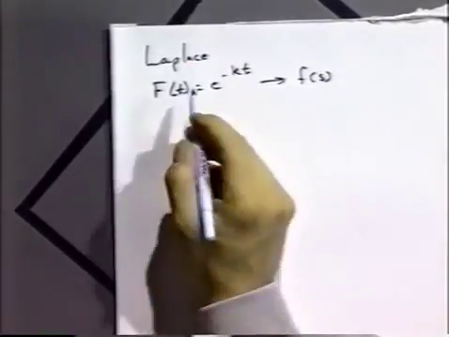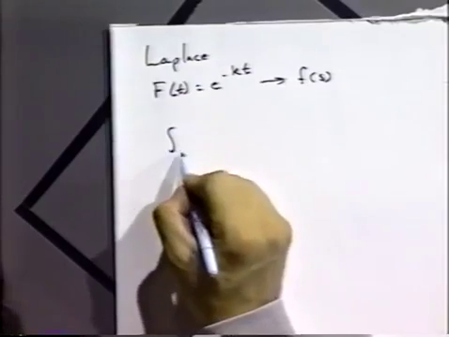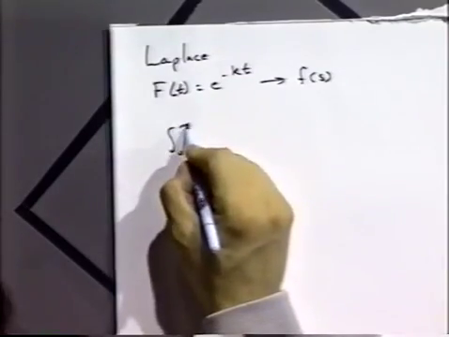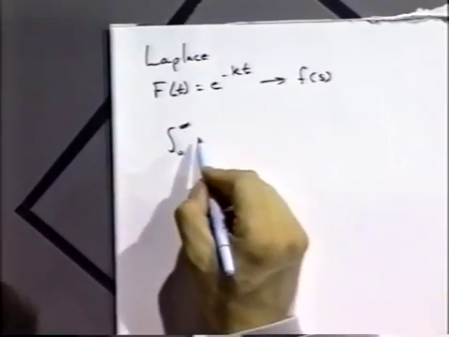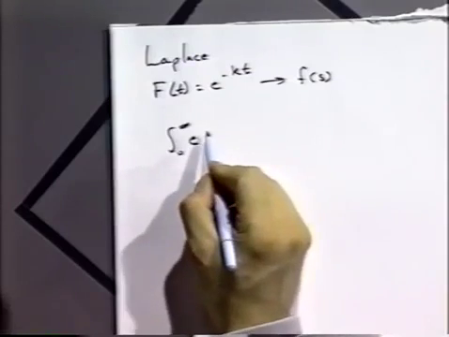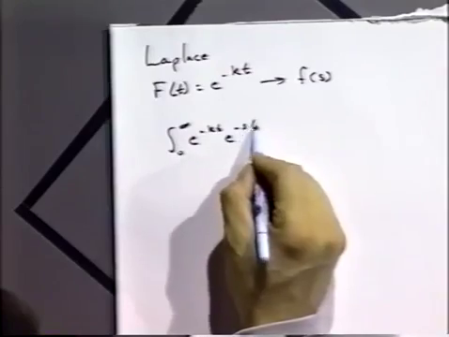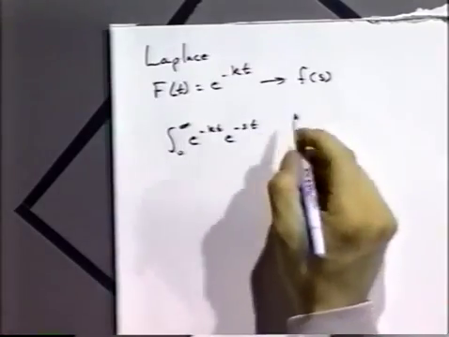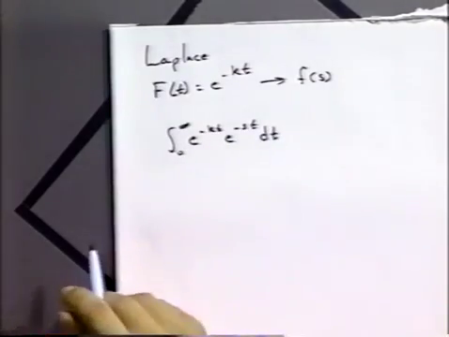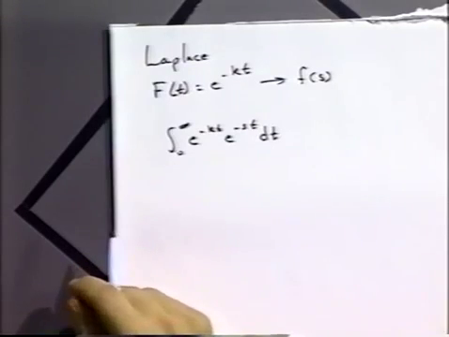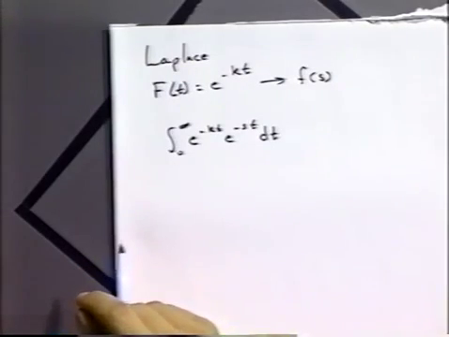As we remember, the integral transformation is from 0 to infinity of f of t, which is e to the minus kt, times the Laplace transform process, e to the minus st, with respect to time. So only the time derivatives are being used in this Laplace transform.